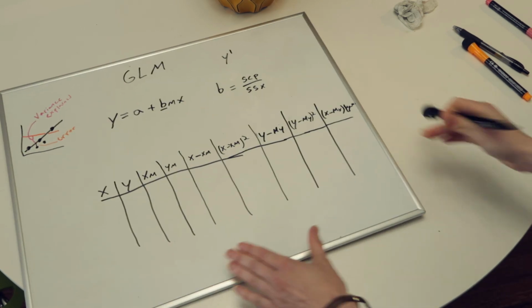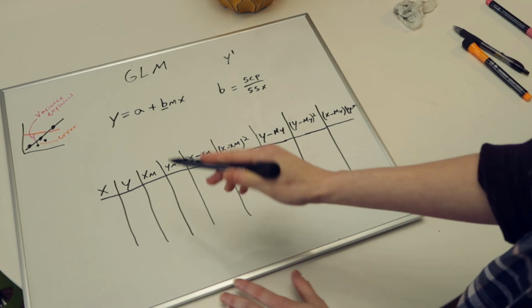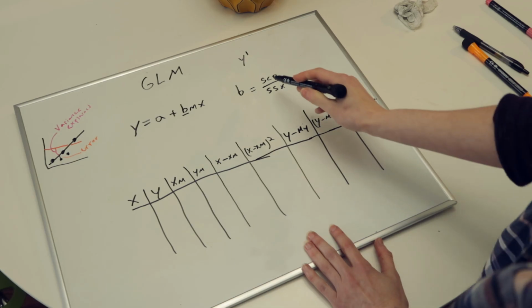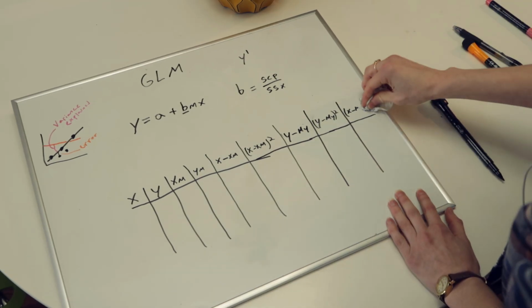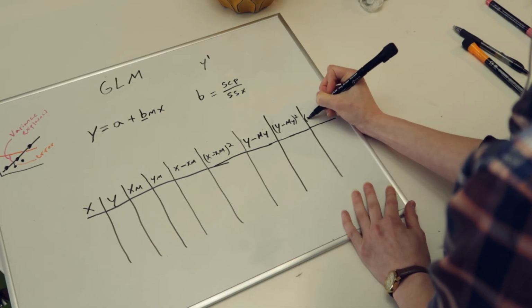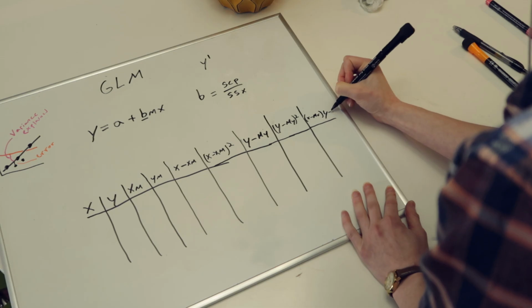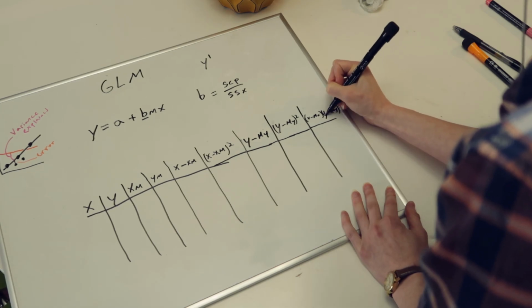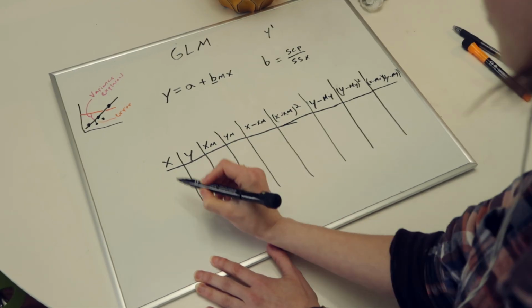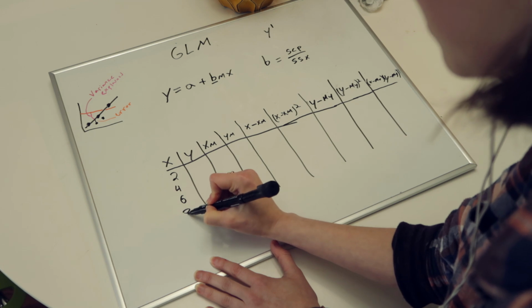Okay, so what we have to do in our data set in order to find the slope, I'm going to make this smaller so you can understand what this is. So this is our raw numbers that we may have gotten from our participants.